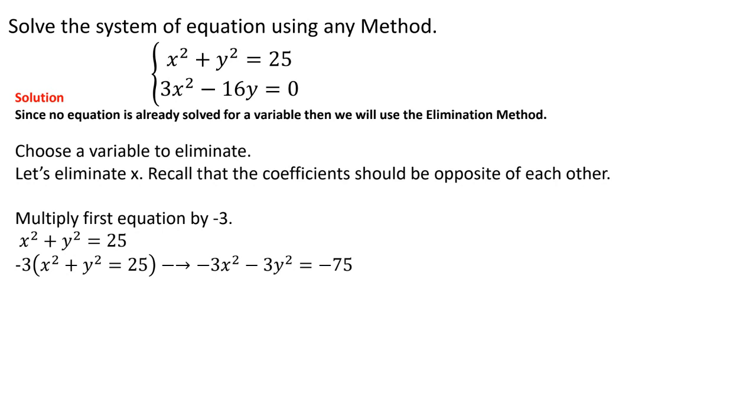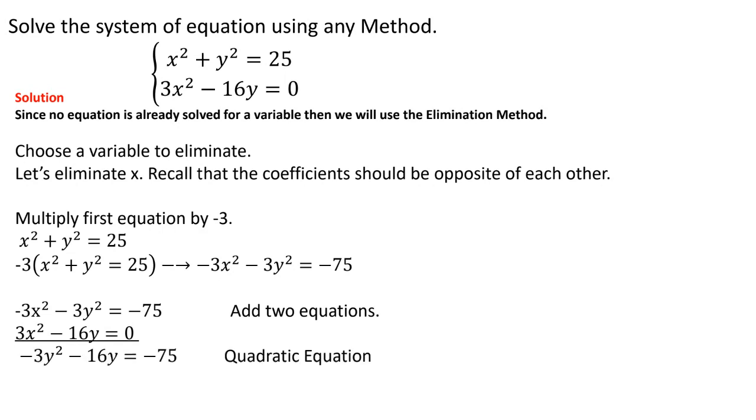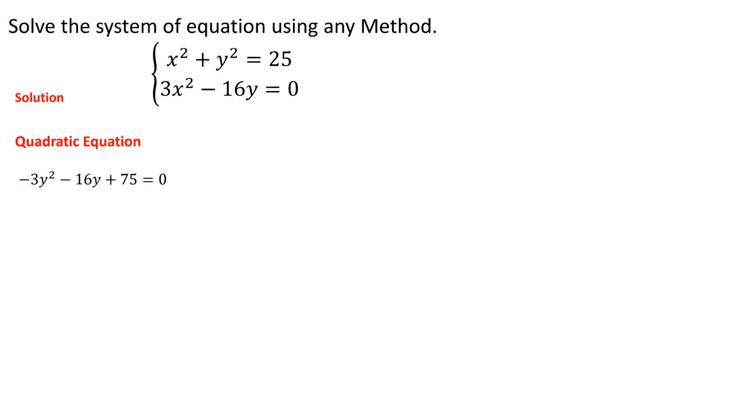Okay, so let's put the equations together so we could add them. So negative 3x squared plus 3x squared is going to be a 0. And negative 3y squared plus negative 16y, well, we can add those together, but we can put them next to each other, right? So we would end up with negative 3y squared minus 16y equals negative 75. So again, it ends up being quadratic.